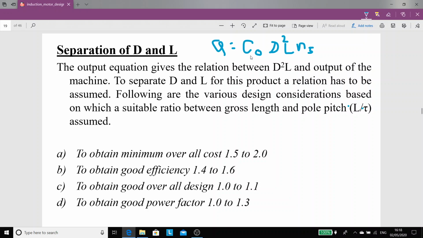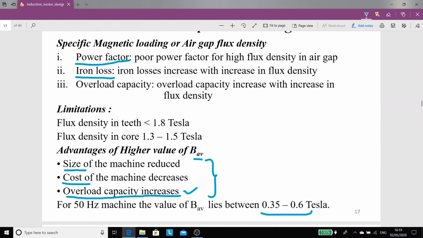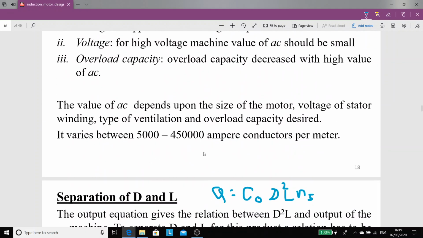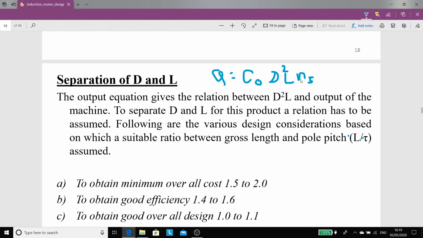Then you select the values of specific electric and magnetic loading and calculate C0 using the formula C0 is equal to 1.11 into pi squared into specific electric loading into specific magnetic loading into winding factor into efficiency into power factor into 10 raised to minus 3, which we saw in the last lecture. Once you get C0, you can calculate the synchronous speed in revolutions per second from the required speed specification for which we are going to design the motor.